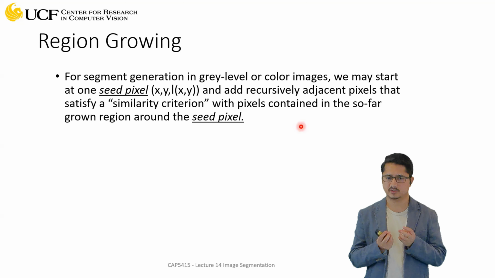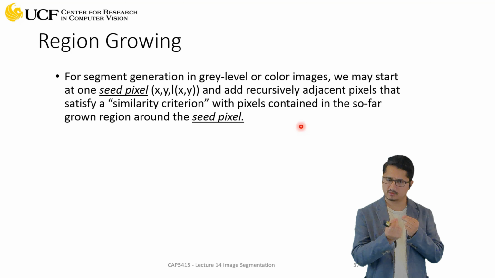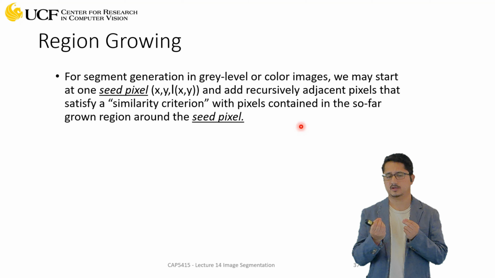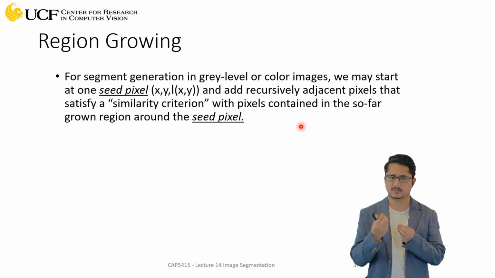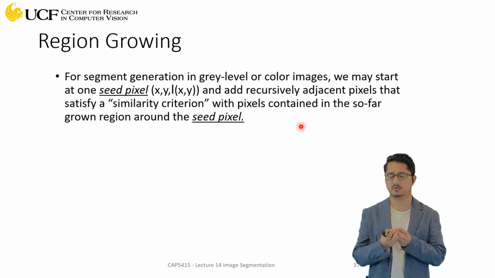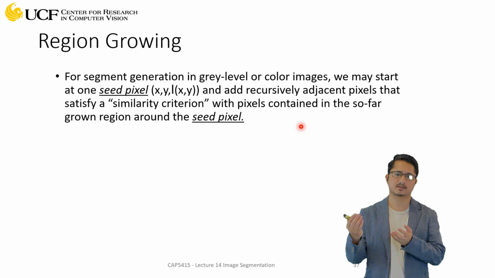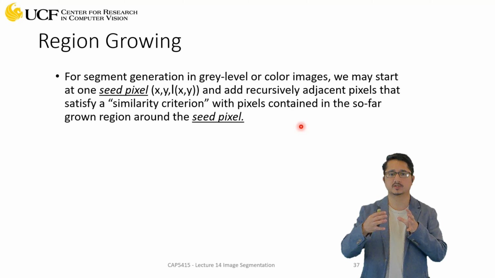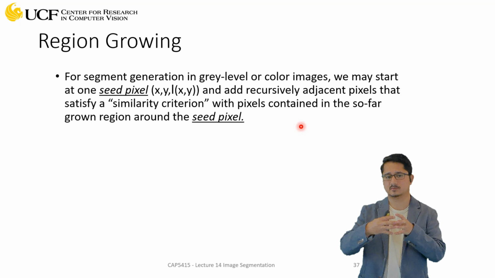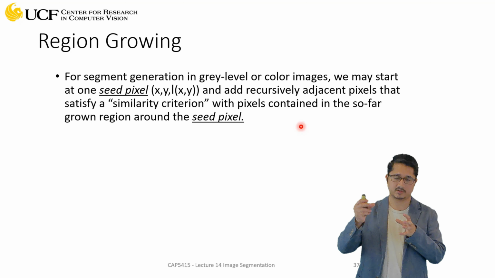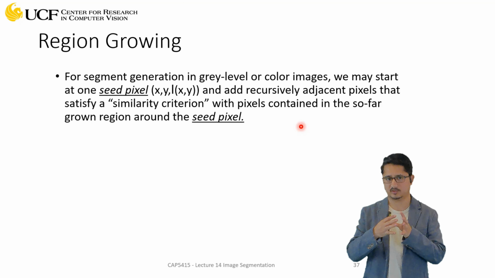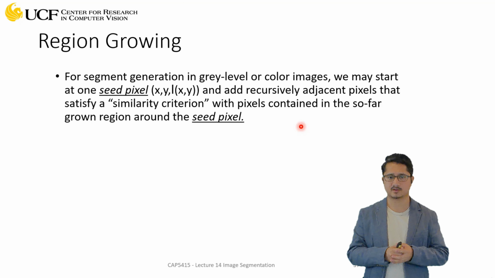And we look into the neighborhood, and if we see there is some similarity with the neighborhood pixels, we add them to the current seed pixel, and we keep doing that until the similarity threshold is no longer met. So that's region growing.